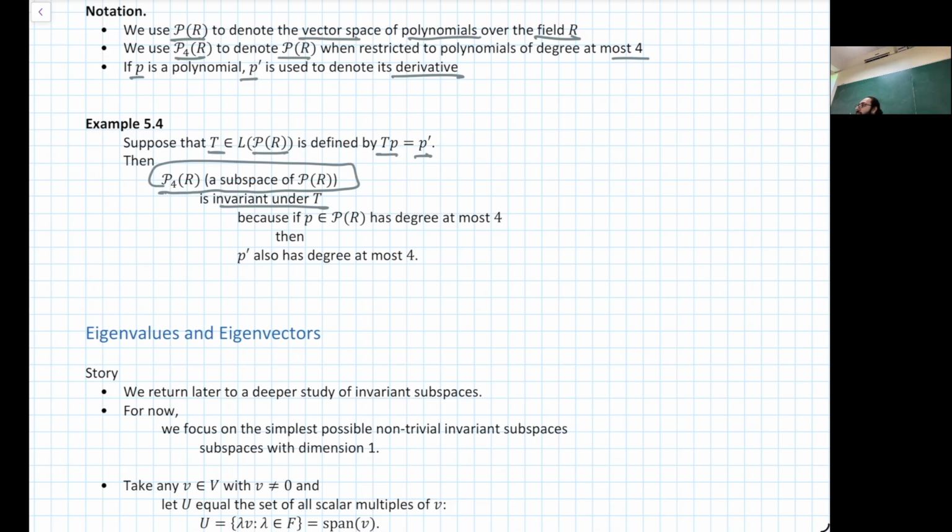We have not proved the earlier statement that there must be some non-trivial invariant subspace. That is incomplete, we were just motivating it, and we'll do it.